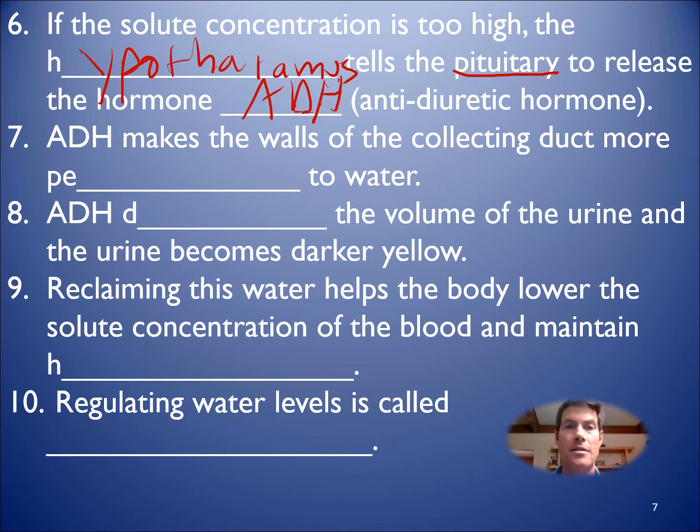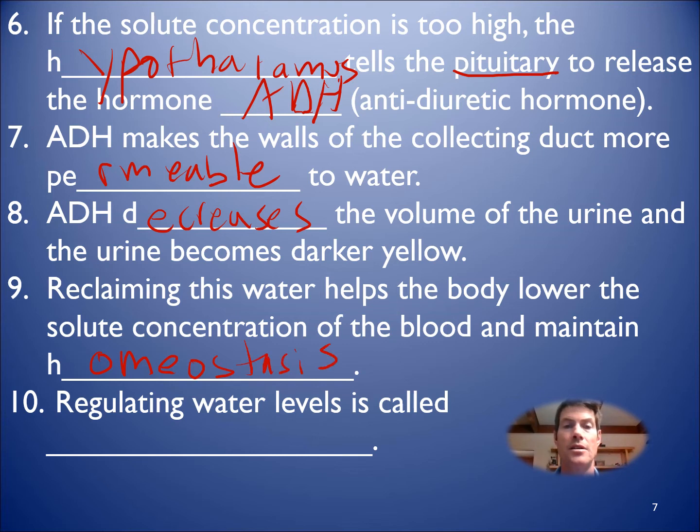And that makes the collecting duct walls more permeable to water. And ADH decreases the volume of urine, and it becomes darker yellow, so more concentrated. And this helps your body maintain balance, which has a fancy word, homeostasis.